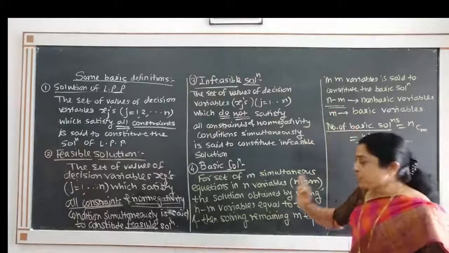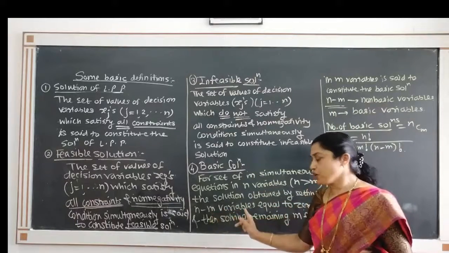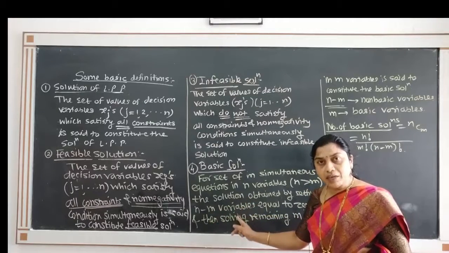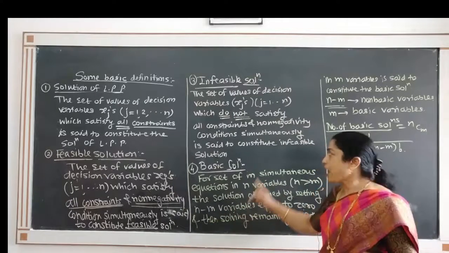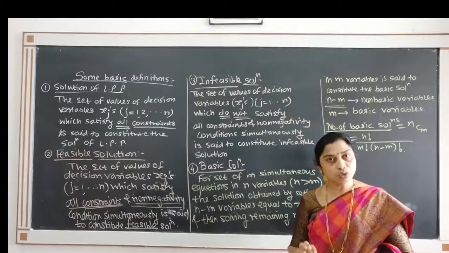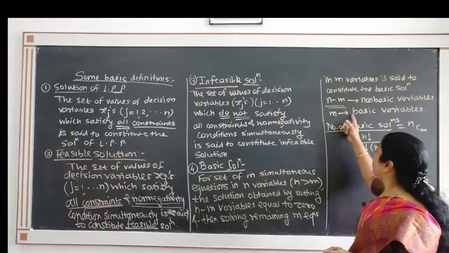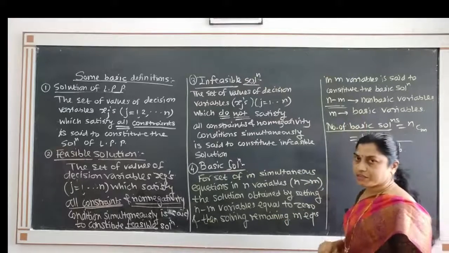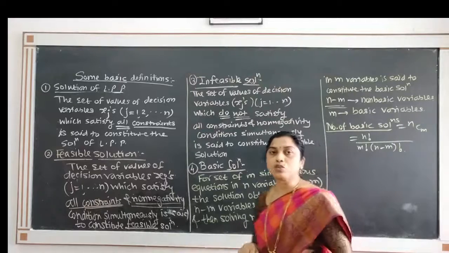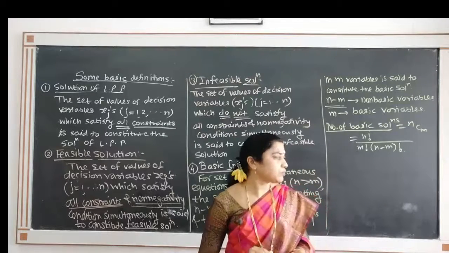In that basic solution, we are substituting n minus m variables equal to 0. These n minus m variables are known as non-basic variables. They do not appear in the solution, whereas the m variables are known as basic variables, and total number of basic solution is always equal to nCm.